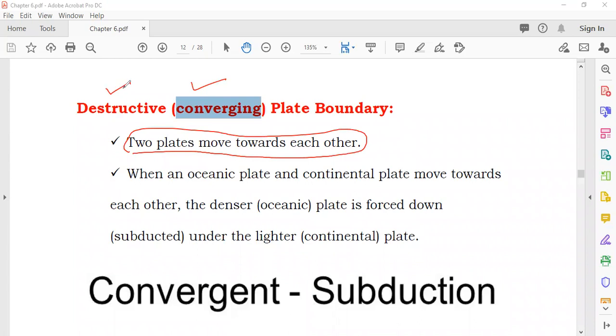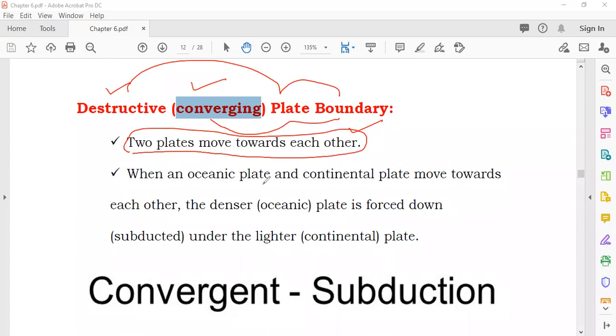Sometimes they can say only destructive plate boundary. They can also say converging plate boundary. So both are the same thing. When does it happen? When two plates come near to each other.